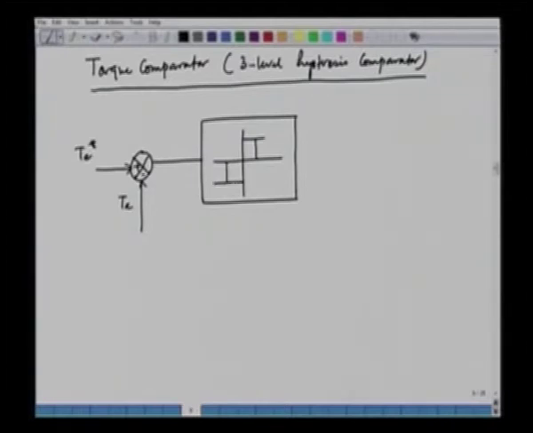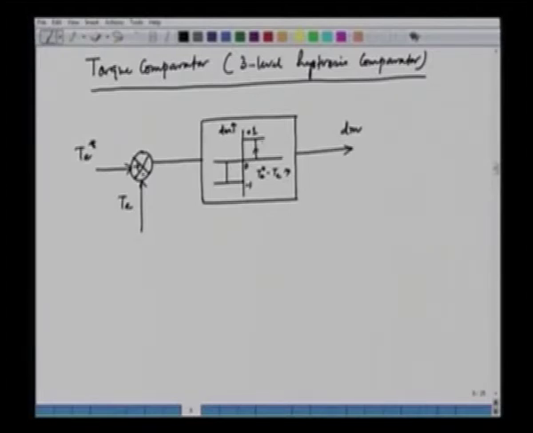Why is it called 3 level? Because the output can have 3 possible values. So, this is the output here. We have the torque status, that is dm, in the y axis. So, we have +1, 0 and minus 1. In the x axis we have T e star minus T e. So, this goes like this.